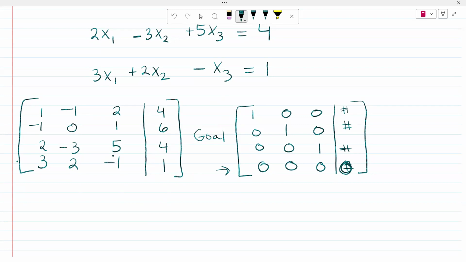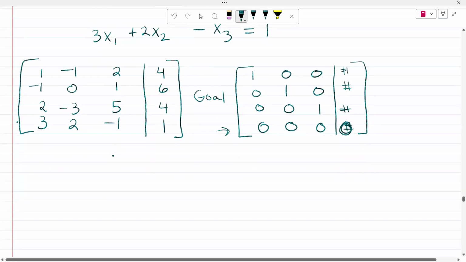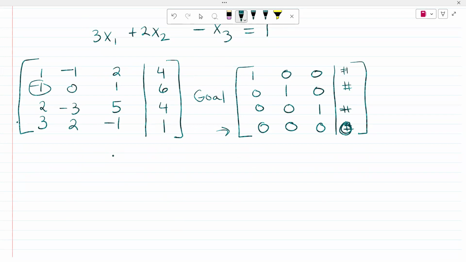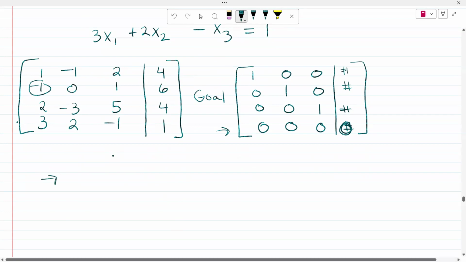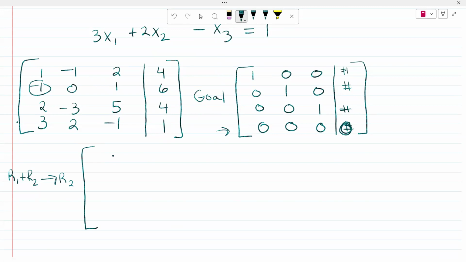So what would I do first? Let's start here. Do you see this -1? I really just want to get that to 0. So all you got to do to make this -1 a 0 is add row 1 and row 2. So it's going to be row 2 becomes row 1 plus row 2. I'm not going to show the work because there are a lot of steps, but you could do the steps one by one, so I'm just going to put the answer.